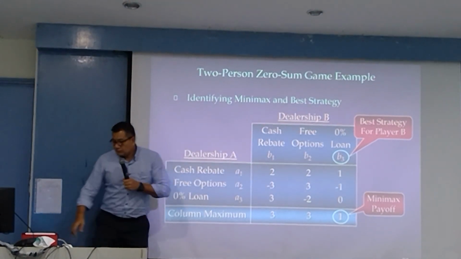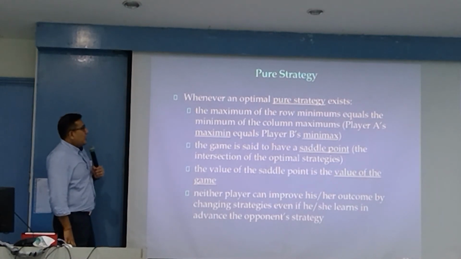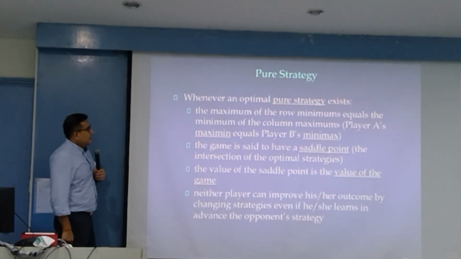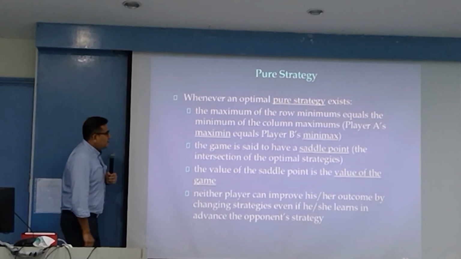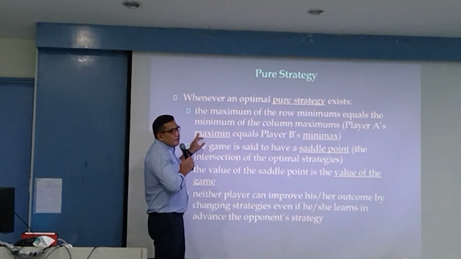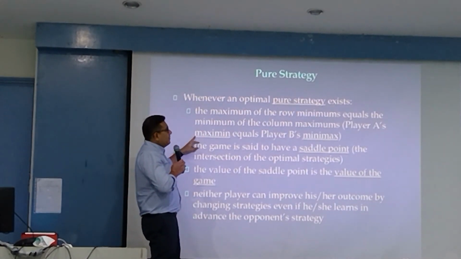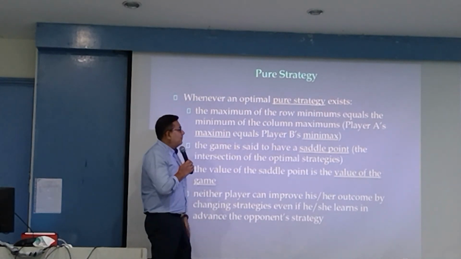What happens if the maximin of player A, or company A, equals the minimax of player B, or company B, as in the previous example?